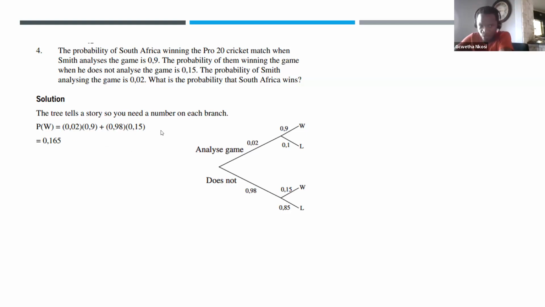So that's the probability of winning, which is 0.165. So the tree tells a story. You need a number on each branch. So that's how you plot a tree diagram being given numbers. So be mindful of that. Any question?